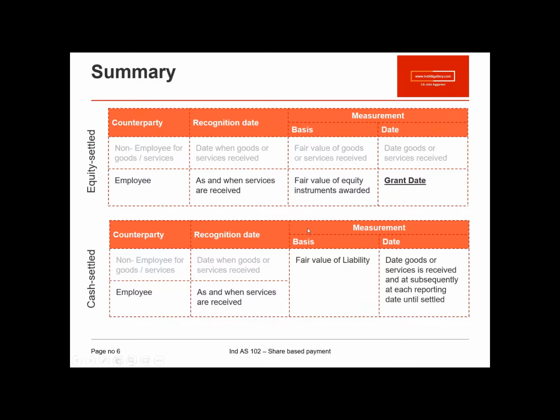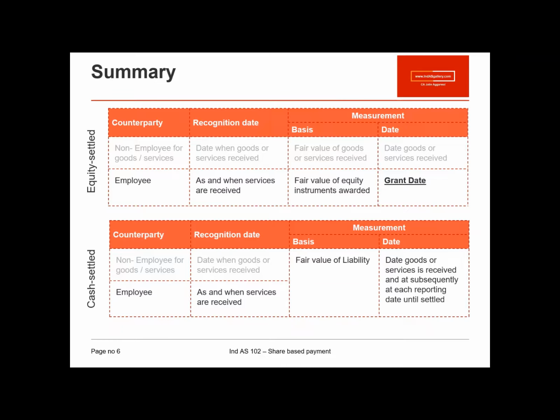Right. So again, a quick summary. When it comes to equity settled, in case of an employee, we are going to pass this accounting as and when the services are received, and the measurement basis is going to be the fair value of the equity instrument that has been granted or the options that have been granted, and the measurement date would be the grant date. This is not going to change as and when my reporting period comes.